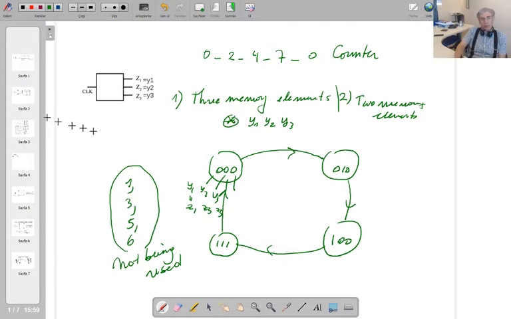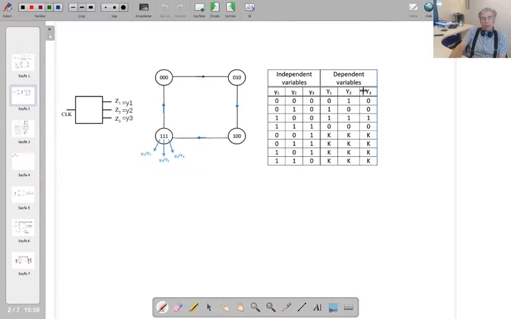So then, from that state diagram, we are going to go to the mathematical model. So in this mathematical model, you see 0 here, when the clock pulse comes 2, 2 when the clock pulse comes 4, 4 when the clock pulse comes 7.